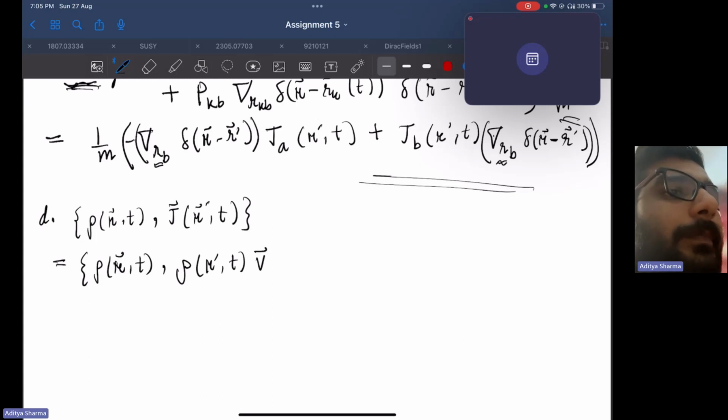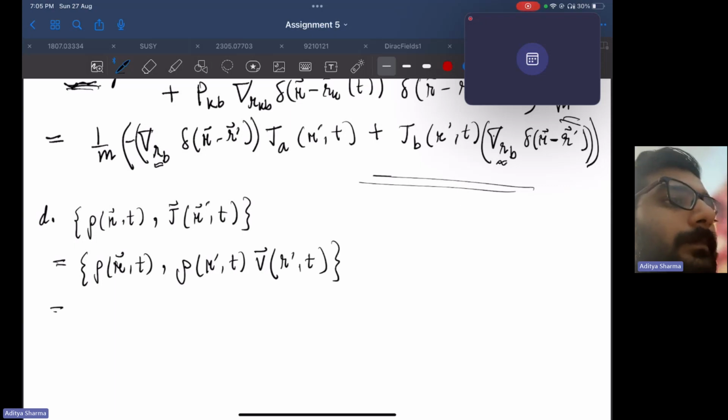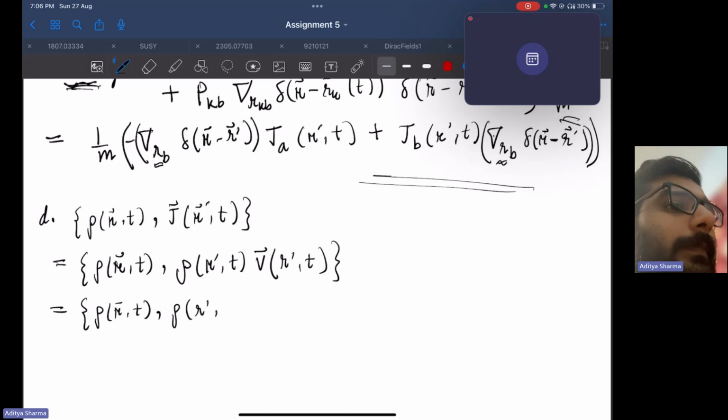We will take help of the older Poisson brackets, which you know. We take the results from there. Now this can be written as this.